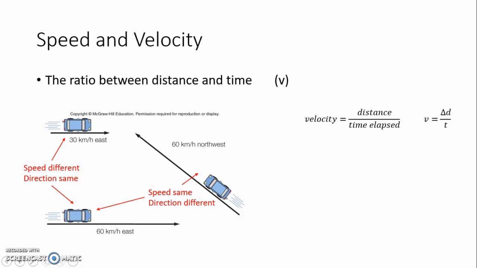These two cars on the left have different speeds and different velocities. But these two cars have the same speed, but since the direction is different, the velocity is also different.